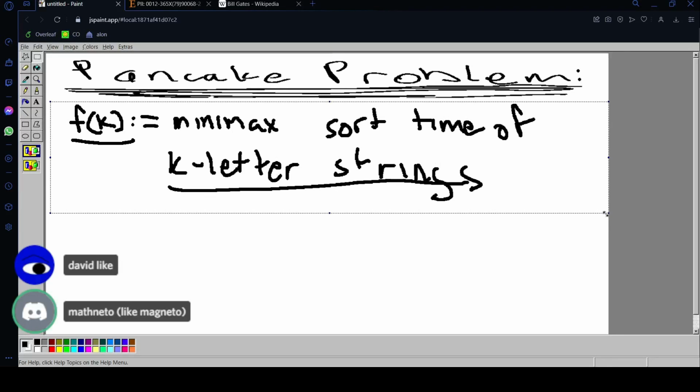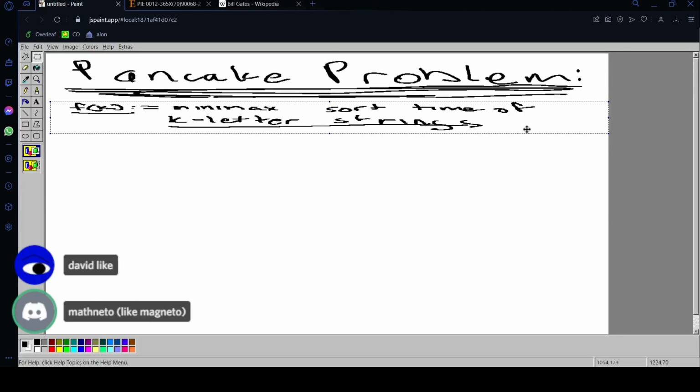So the problem is, we're concerned about this f of k. Okay, we know what the pancake problem is now. So what can we say about this f function?